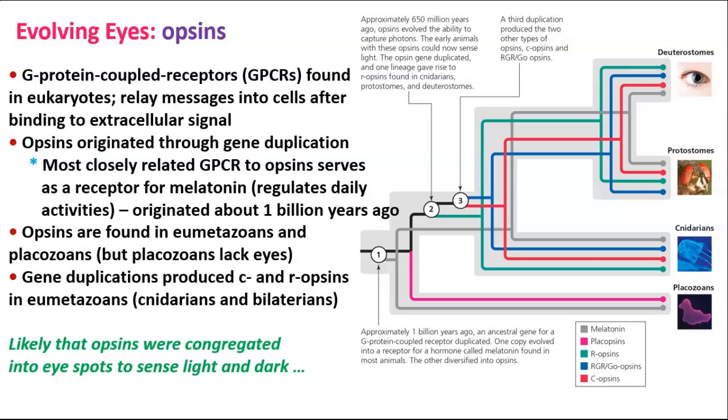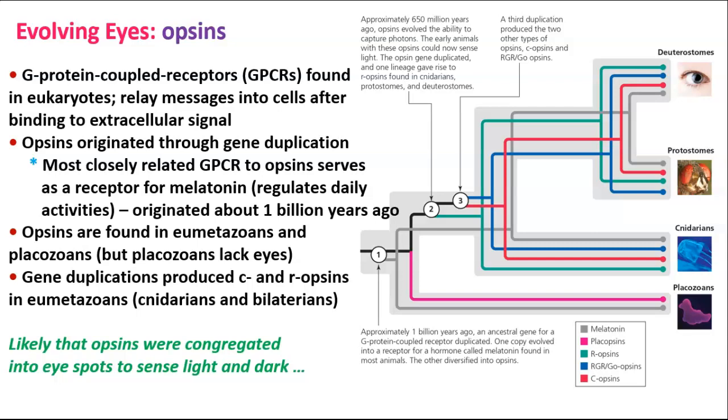So you can see, looking at the figure, at the cladogram, that this goes way back. Melatonin is color coded in gray. And so you can see, going back basically to the common ancestor of all animals except sponges, so including those placozoans, about 1 billion years ago, an ancestral gene for a G protein coupled receptor duplicated, and one of those copies evolved into a receptor for the melatonin hormone, and the other diversified into opsins.